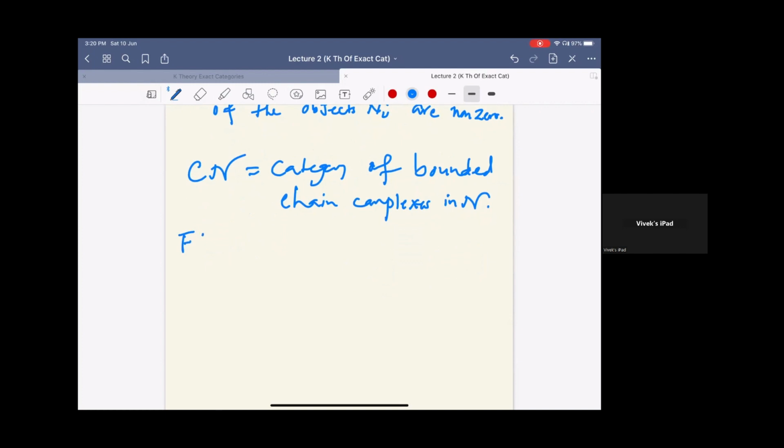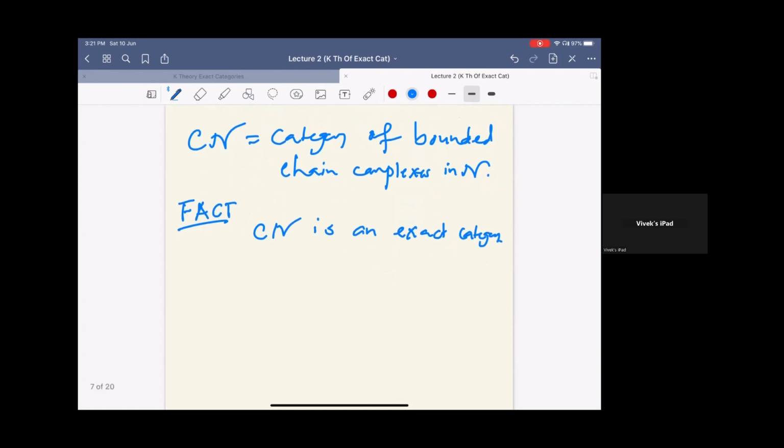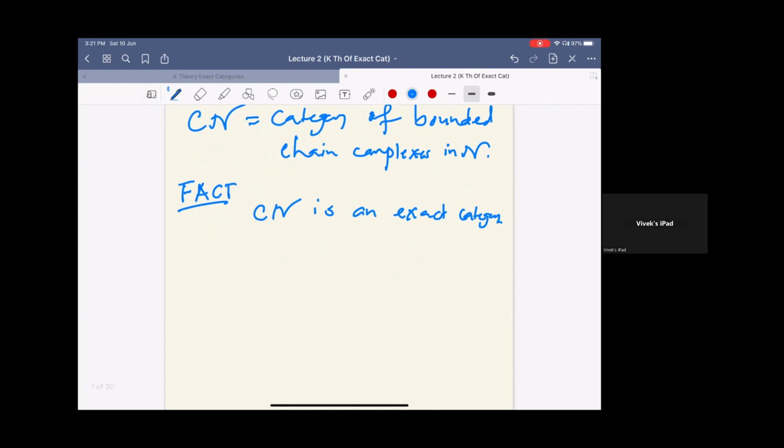So fact: C_b(N) is an exact category. Why is this an exact category? Because you remember from the last lecture that any exact category always embeds in an abelian category. This is the Gabriel-Quillen theorem. And if A is abelian, then the associated category of chain complexes is also abelian. That is a standard result in homological algebra.